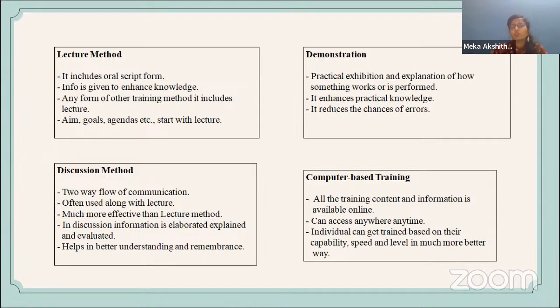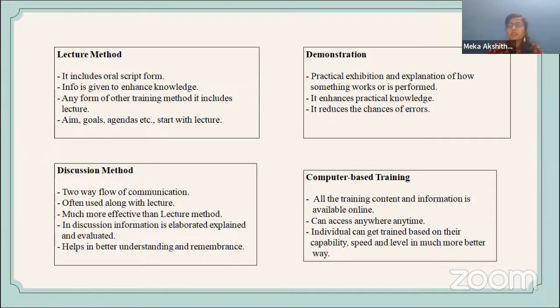If I won't be showing any slides, my lecture won't be that effective, right? So it is important that our lecture shouldn't be very boring. We have to keep it interactive. We have to use some cues which make the lecture interactive and interesting. Lecture is mostly oriented towards theoretical knowledge.